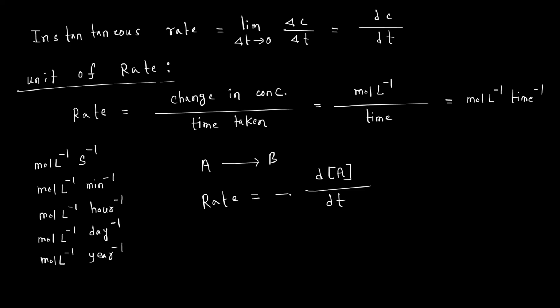The significance of this negative sign is the concentration of reactants decreases as the reaction proceeds. We can express the rate in terms of B. So the rate will be positive sign of change in concentration of B divided by change in time. Here, the positive sign means the concentration of B increases as the reaction proceeds.